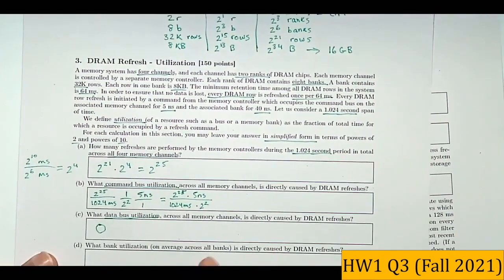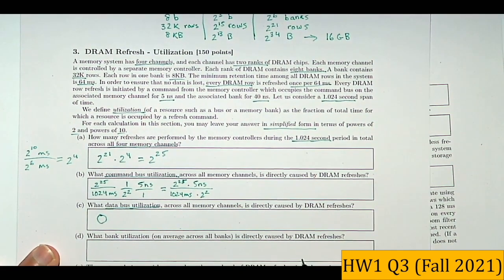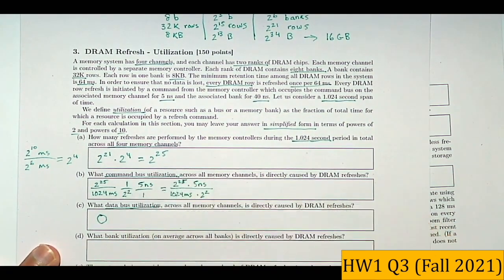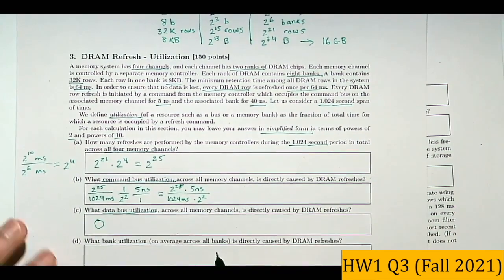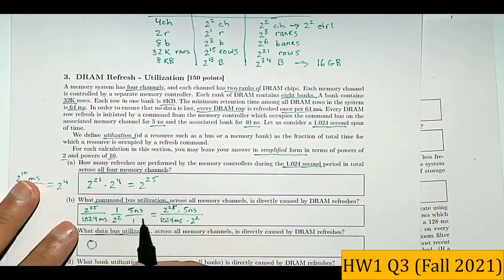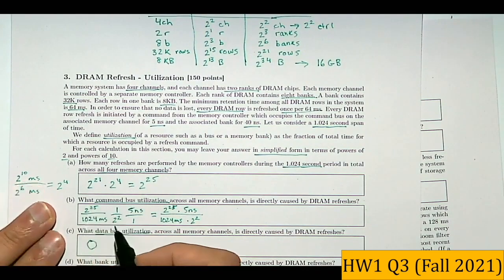And the last part asks for what bank utilization on average across all banks is directly caused by DRAM refreshes. So how we approach this part of the question is very similar to the part B, right, where we asked about the command bus utilization. Except here, we had 4 different memory channels, and so we were trying to figure out the number of refreshes per channel, right?